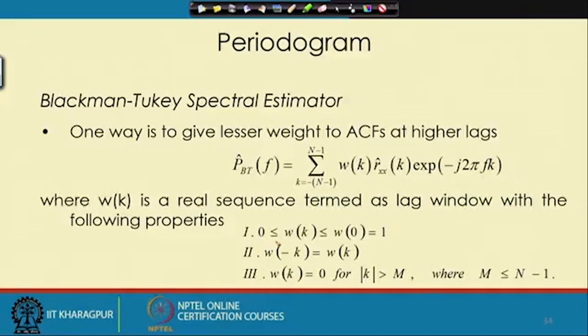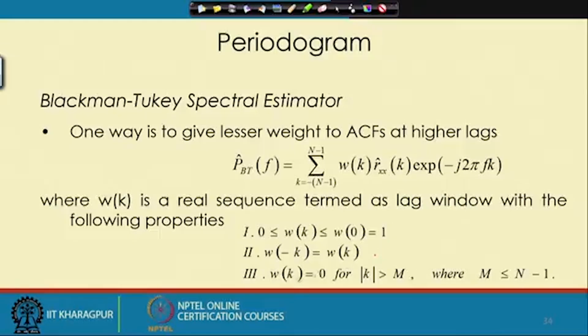So, for all the other lags, the value should be in between 0 to 1. Next, as the autocorrelation estimates are even for real data, the same would be true for the window. So, it should be an even function.